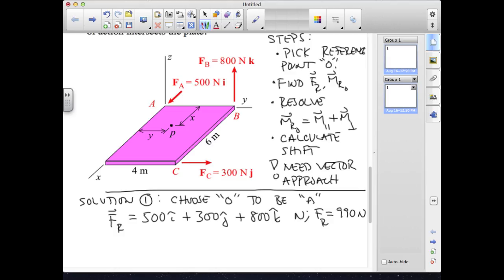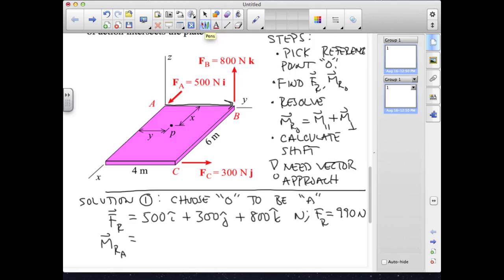And if we want to know the resultant moment about A, we could use either the scalar approach or the vector approach. The scalar approach works very nicely here because, again, we have the forces that are aligned with different coordinate axes, and we can see things very clearly. The force at A will contribute nothing because its line of action goes through A. If we look at the contribution from the force at B, it acts in the z direction.